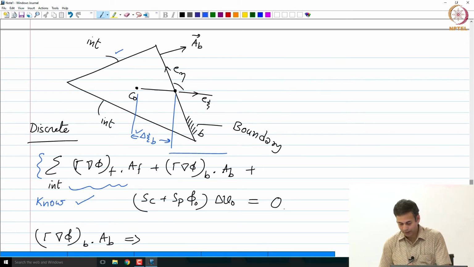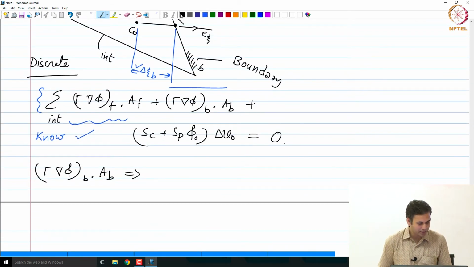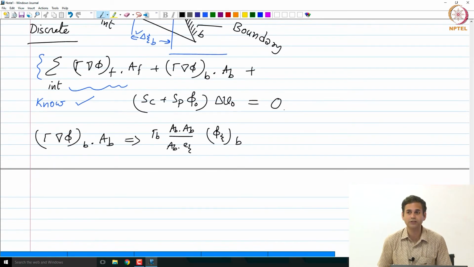Fine. Then I can again decompose this into 2 components, one along xi, the other along eta, and I can write the same thing. That would be gamma b, A b dot A b by A b dot e xi, that is the first term I have, times phi xi on the face b. That is the primary gradient I would get.